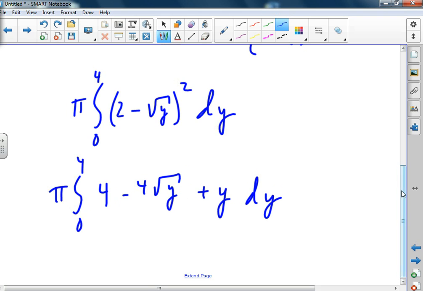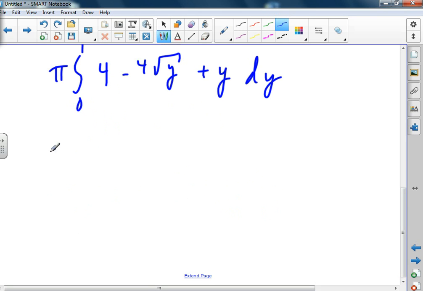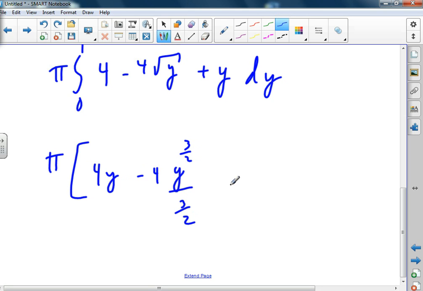So that's what I'm going to do manually. So it's going to be 4y minus 4 y to the 3 halves divided by 3 halves plus y squared over 2 evaluated at 0 and 4.